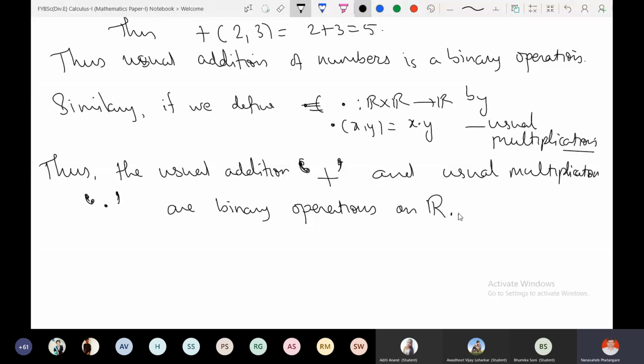Fine, right? So binary operations. Any doubt so far? Is the concept clear? What is plus and what is dot now?